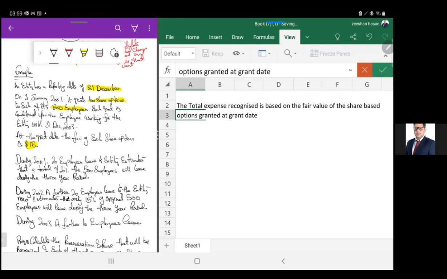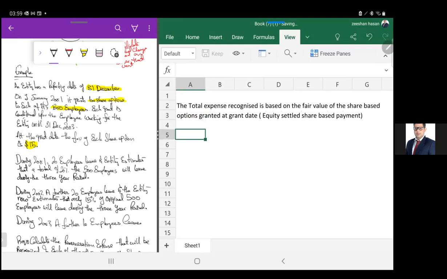Well, we are talking about the case of equity-settled share-based payment. The entity recognizes the remuneration expense as the employee services are received during the 3-year vesting period, right?